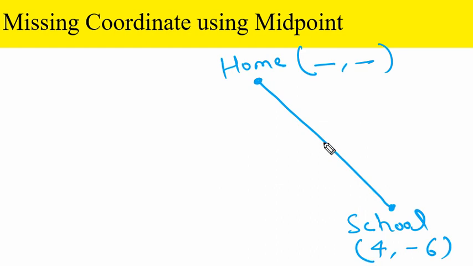You have a midpoint, you stopped at a shop in the middle. At this shop, the coordinates are 2 and 0. What are the coordinates for home? Try this question by yourself and give me the answer.